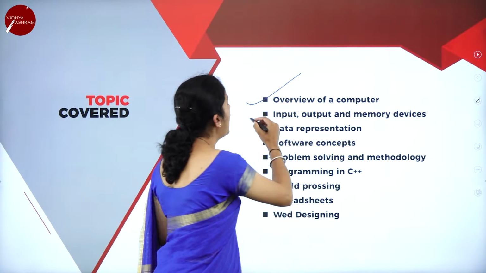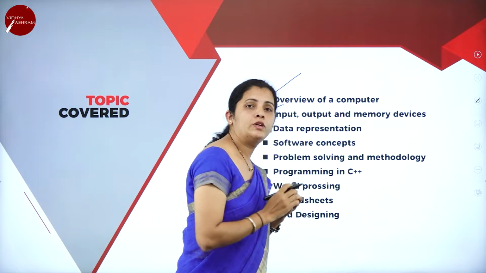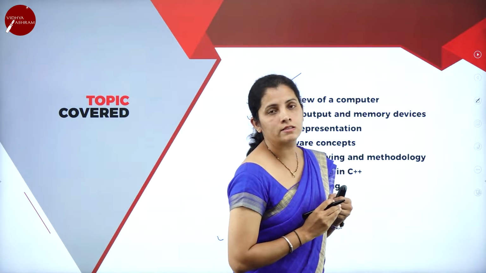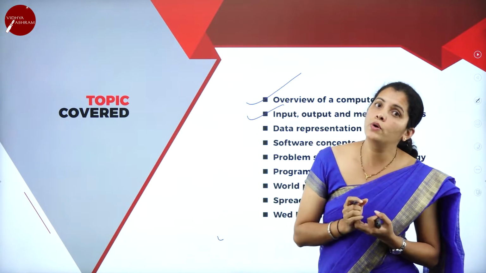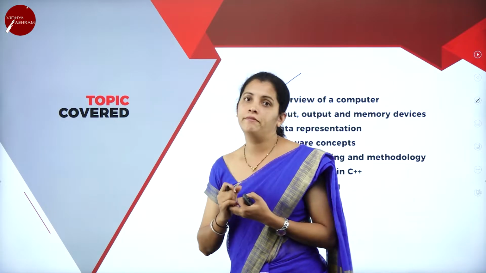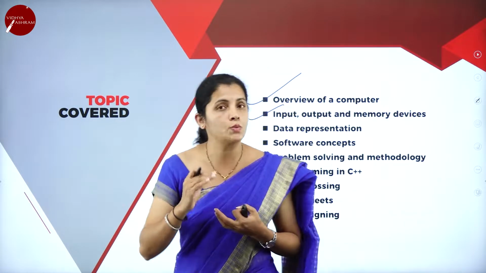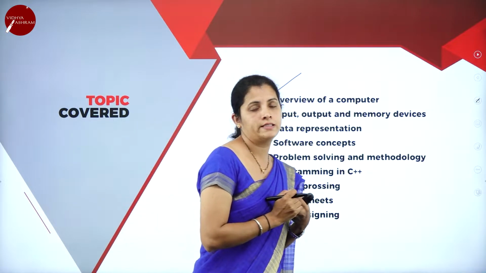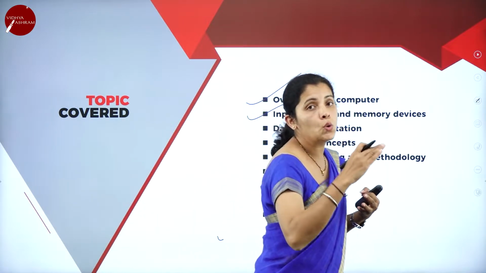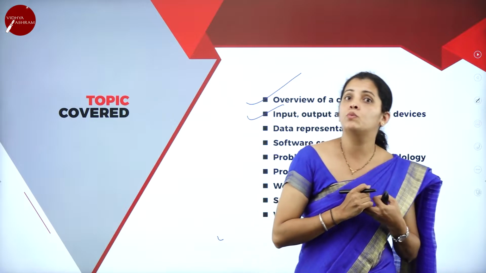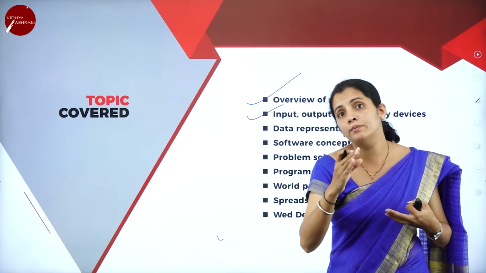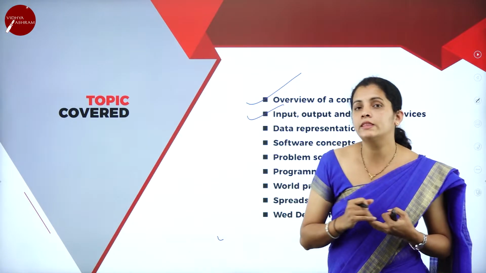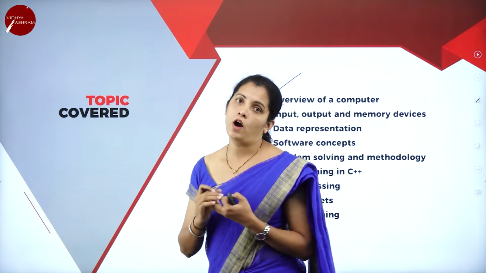Then we are going to have input, output, and memory devices. That means here we are going to study what is an input device, what is an output device, as well as memory, and the classification of input devices. That means what is a source input device and what is a human input device. Along with that, we are going to have output devices.